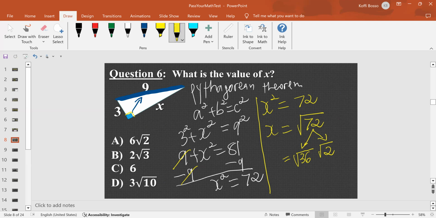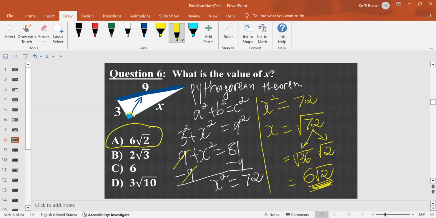Therefore, the square root of 36 will give you a regular 6. But we're going to keep the radical 2. So you have 6 square root of 2. Please, that 6 here, we will never multiply the 2 inside to say, oh, we're going to have the square root of 12. No, that 6 stays outside because it's a regular number multiplied by the square root. So we have 6 square root of 2, which equals x.